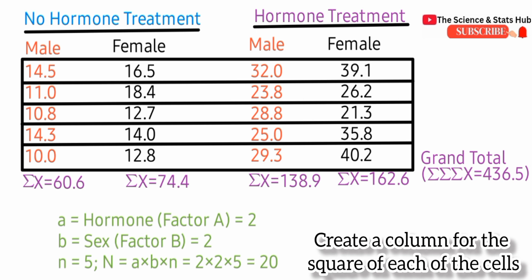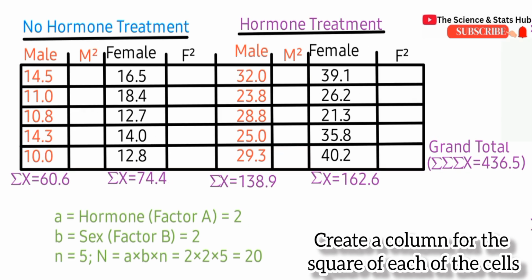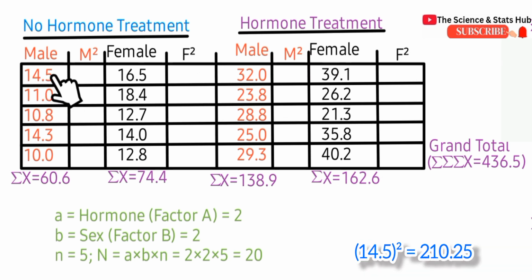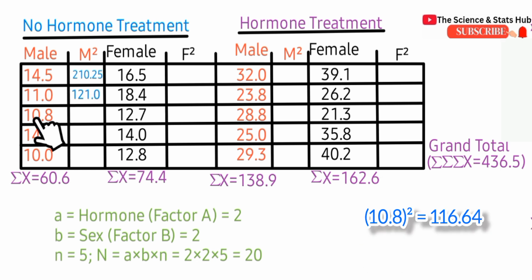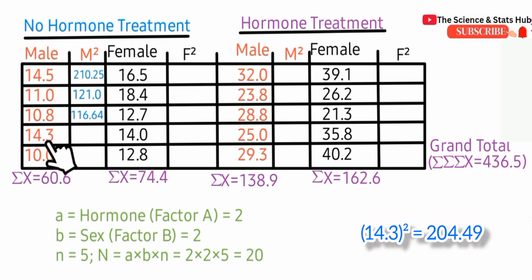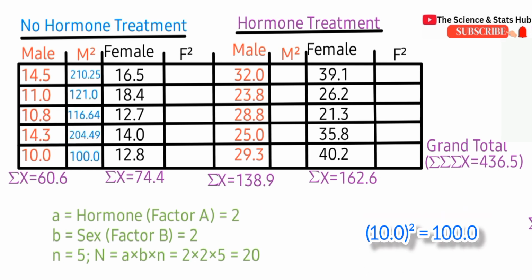Now let's create a column for the square of each of the observations. 14.5 squared is 210.25, 11.0 squared, 10.8 squared, 14.3 squared, 10.0 squared is 100.